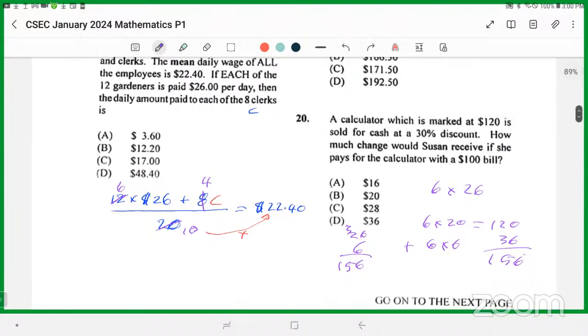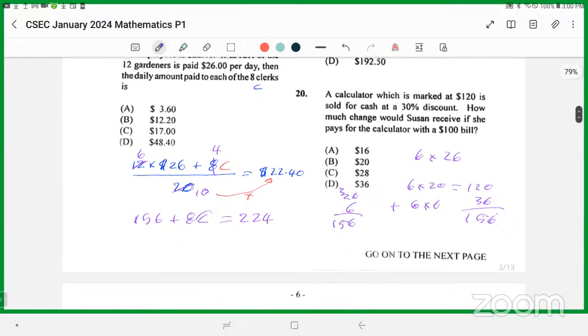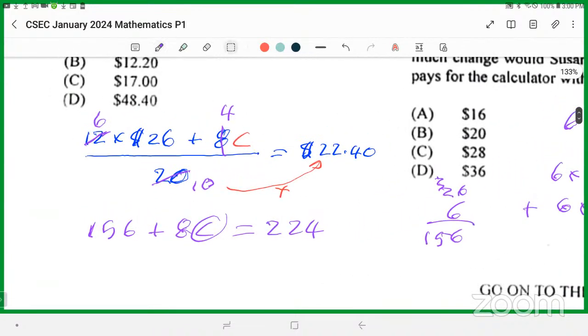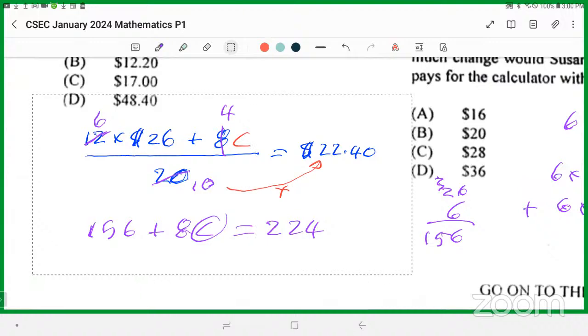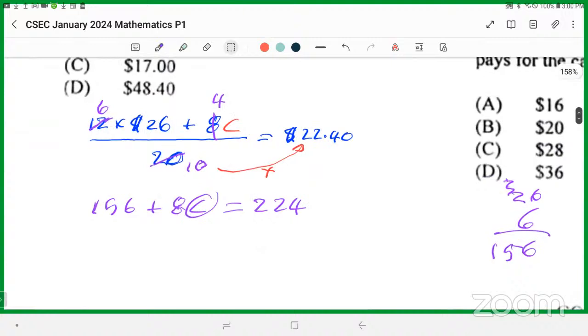So we can basically put that 156 plus 4C is equal to the 10 times this, which becomes 224. And then to make C the subject, let me zoom in and make it smaller, so you can still see it.